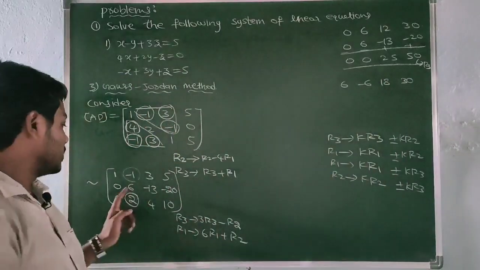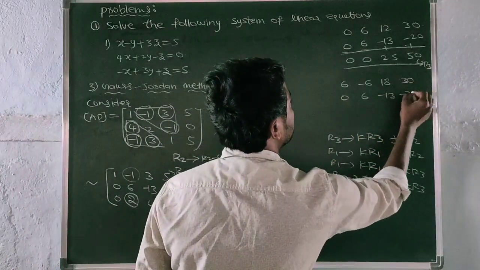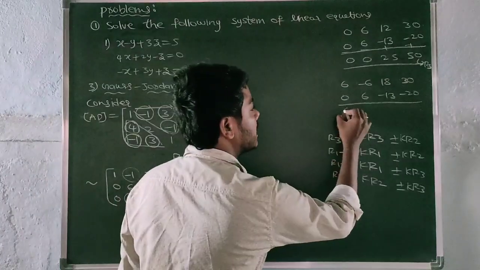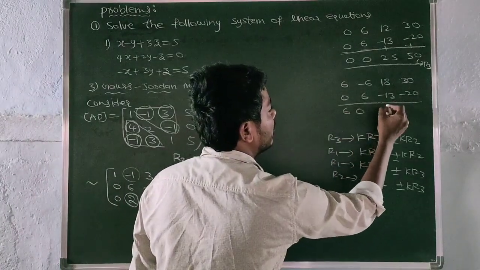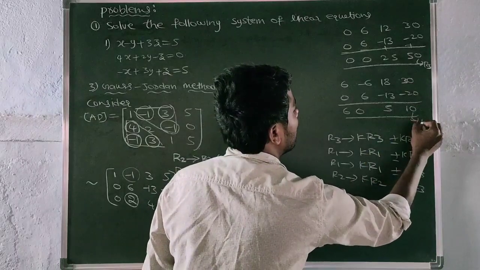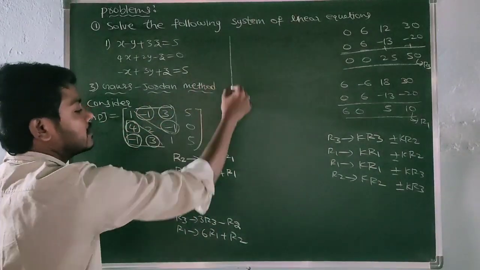Next R2, that is 0, 6, minus 13, minus 20. Now you add these two rows: 6, 0, 5, 10. This is the R1 row.